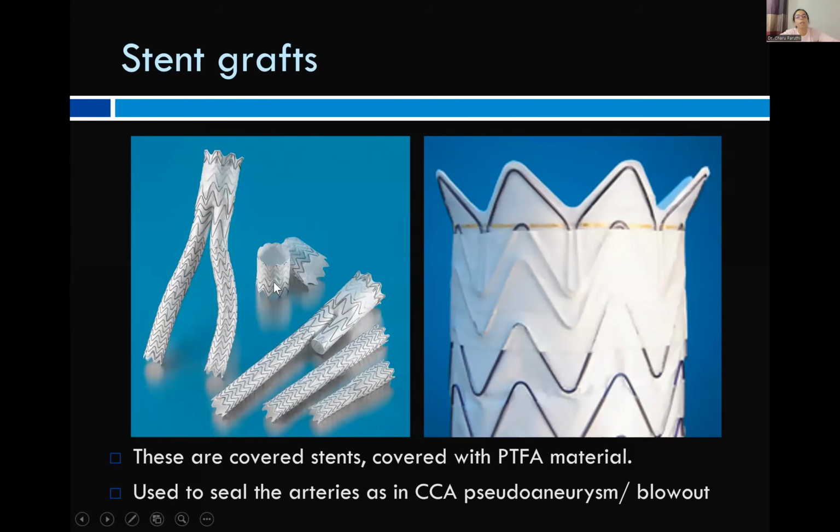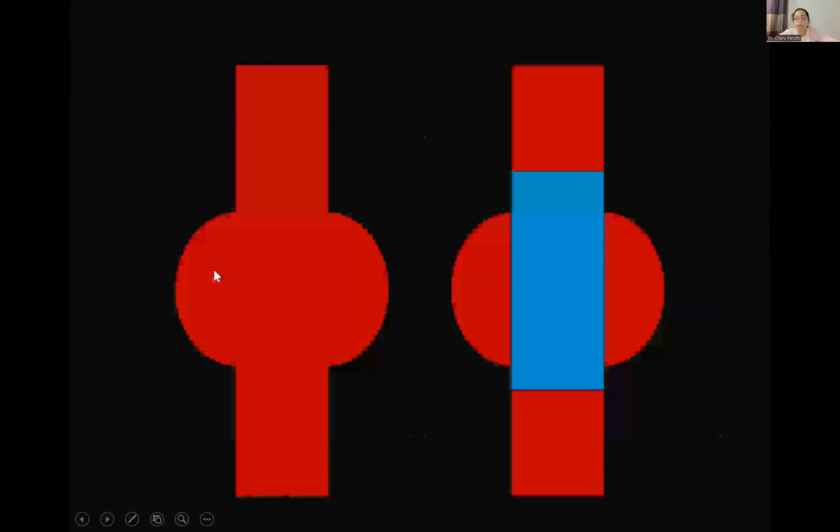Now we have something known as stent grafts, in which these stents are covered by a PTFE coating or a PTFE material. So now these are no longer stents, but these are like cylinders or tubes which are impervious or imporous. So what is the use of these stent grafts? They are usually used when the vessel is destroyed.